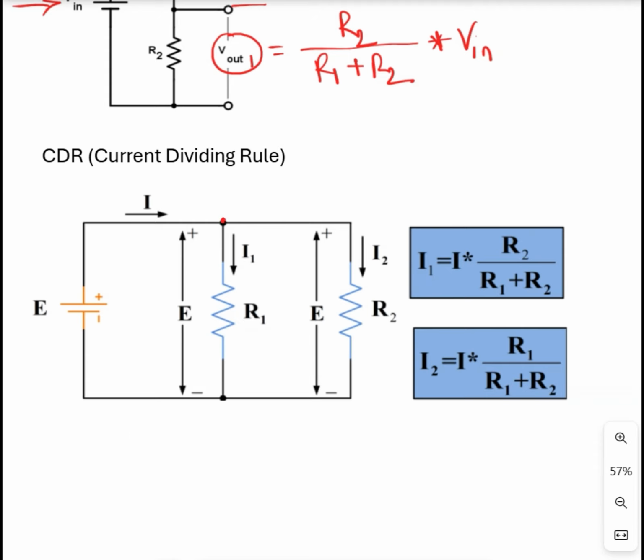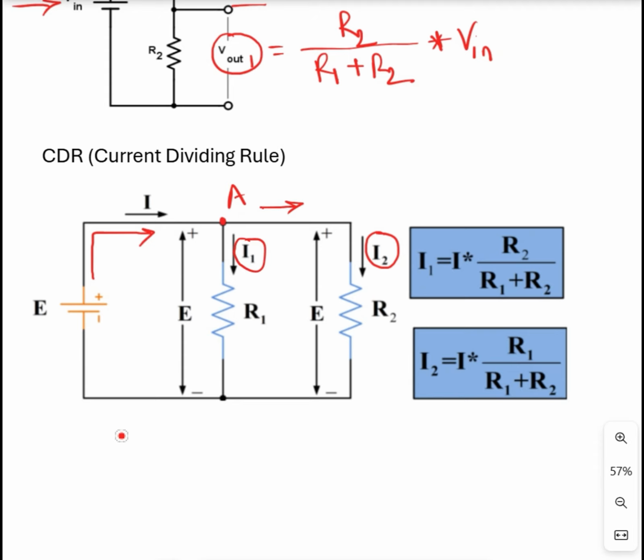This is a node, let's say node A, and this is the source of potential, and obviously current flows in this direction, and that is I. At the node, the current I is split into two portions. One is going up in this direction, and that is I2. Another one is going through this R1 resistor, and that is I1.